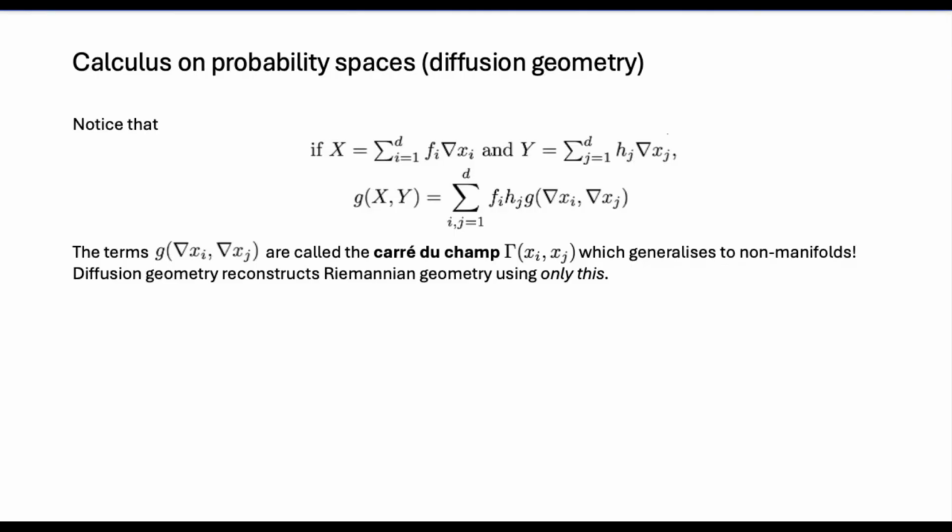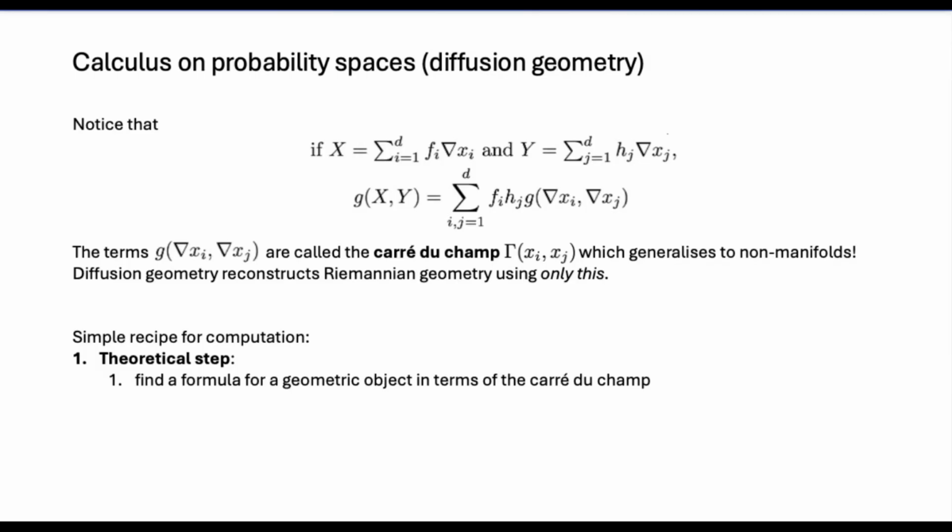I'm not going to really talk at all about the theory here today. This is a computational presentation. So the recipe for computation that we can infer from this is basically to do some kind of expansion like this. You see here, I expanded it into the carré du champ.